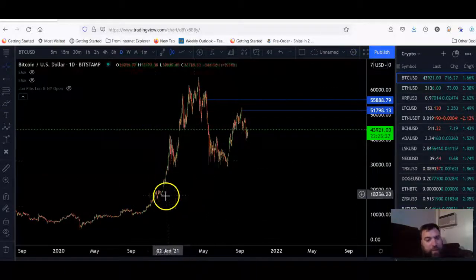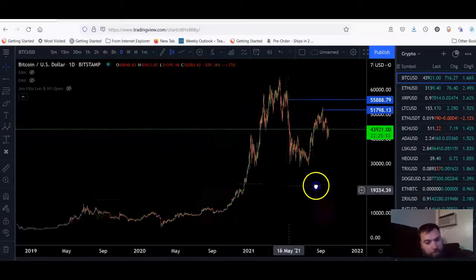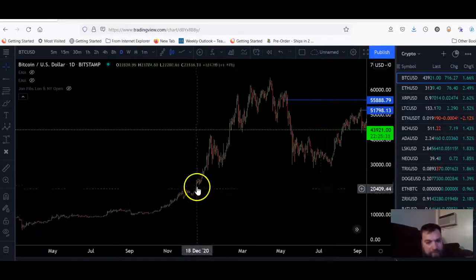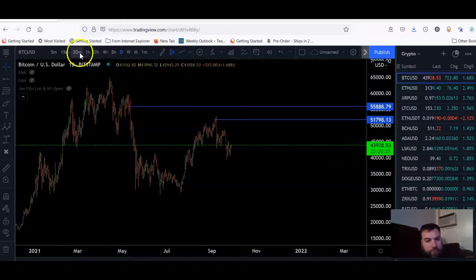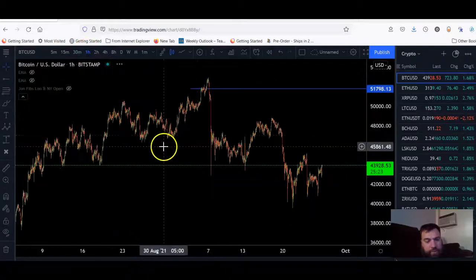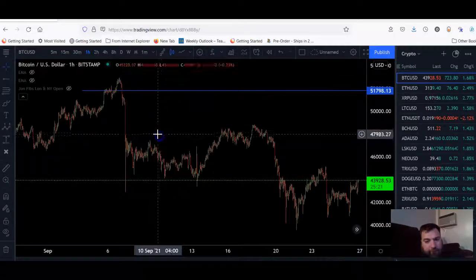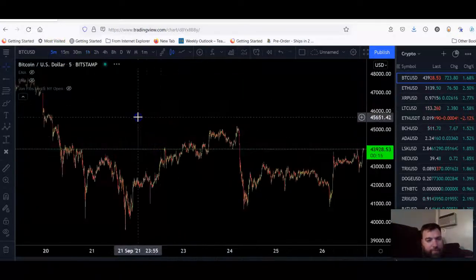A big uptrend, big pullback. Got some imbalance right here too. But anyways, great trade setup last week. Oh, I had this marked up perfectly.